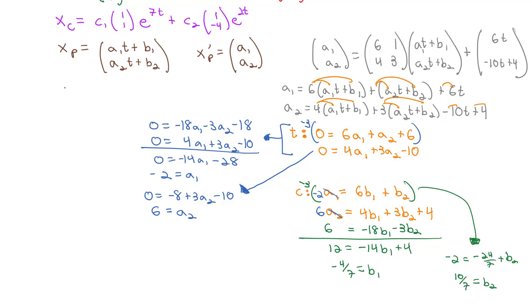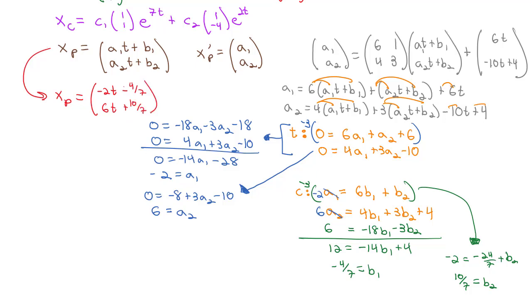And so we put it all together, and we now know the form of our x particular. X particular is equal to a1, which was -2t, plus b1, which is -4/7, a2, which was 6t, plus b2, which is 10/7.